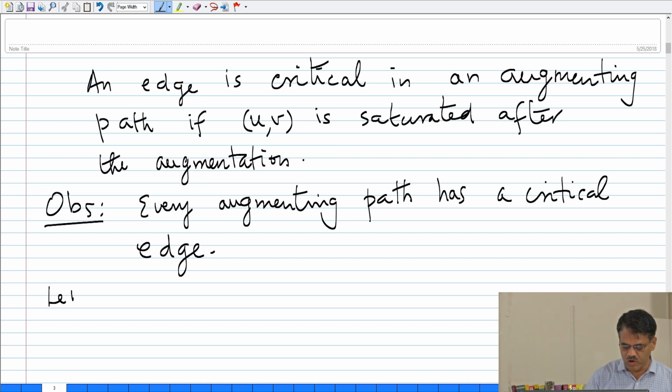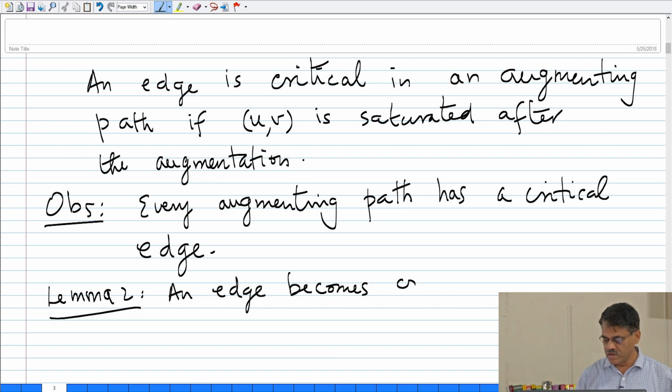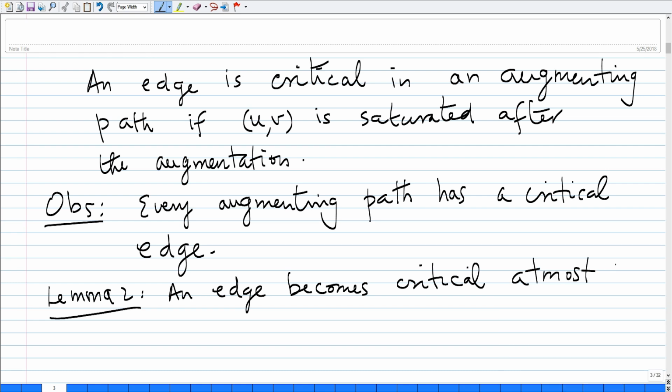Now Lemma 2 we will show: an edge becomes critical at most n by 2 times. Recall the small example we had, and let's look at the middle edge.